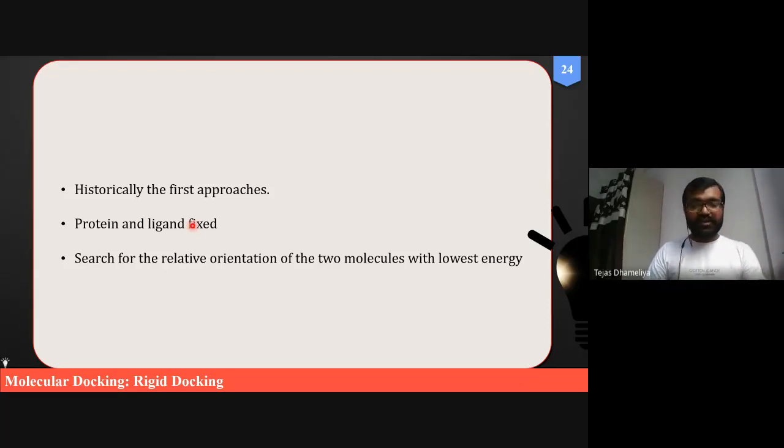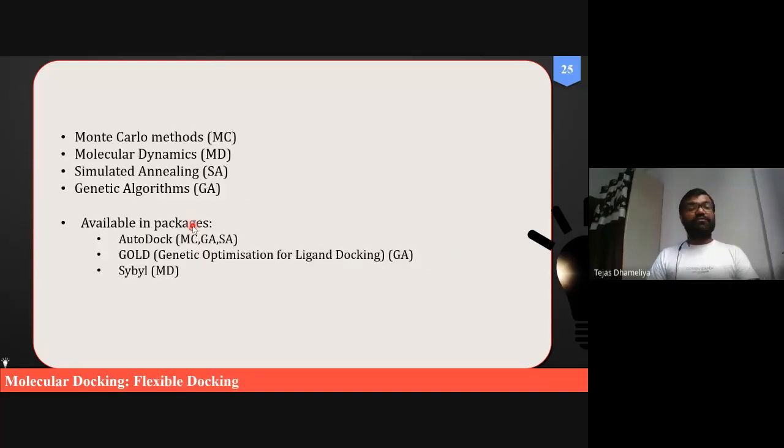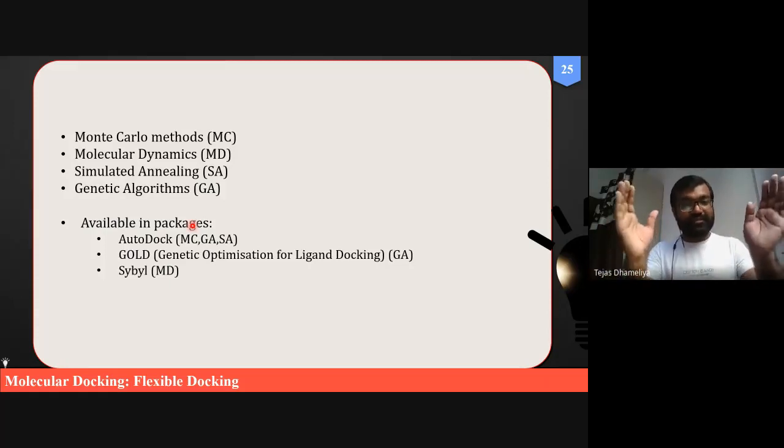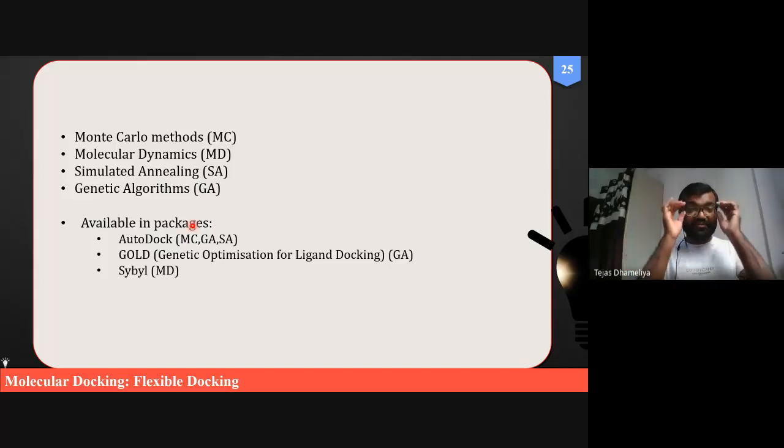Another type of docking is called flexible docking. Flexible docking means that, looking at the geometry of our drug, the receptor will change its conformer so that it can have proper binding, right?